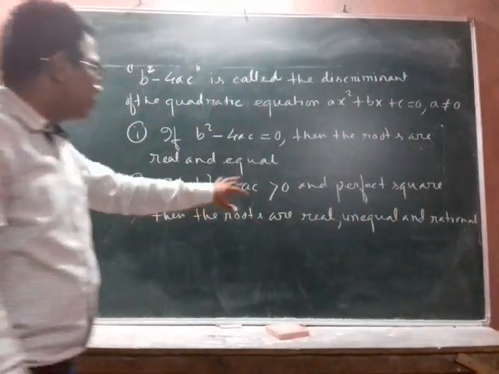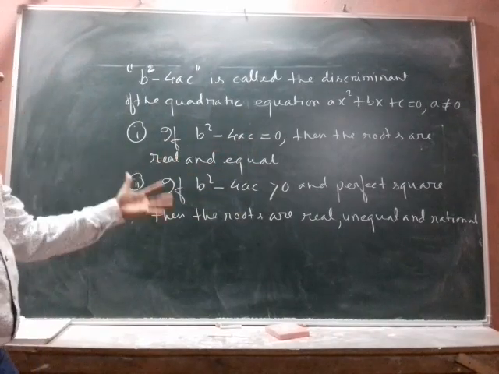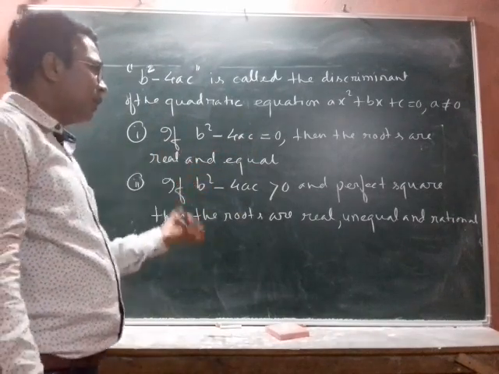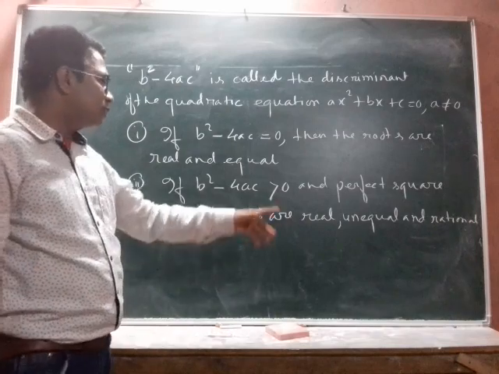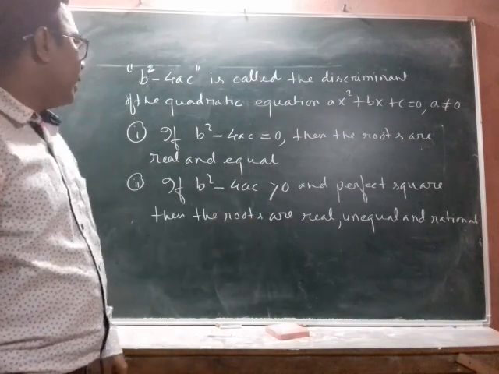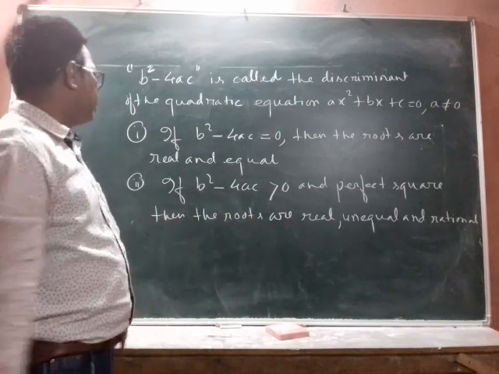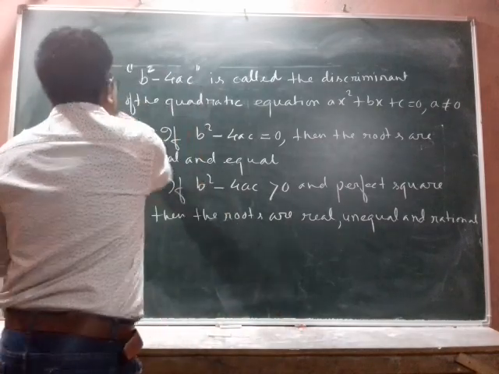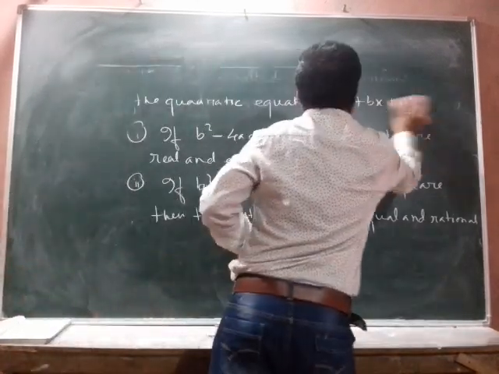We see that if b square minus 4ac is greater than 0 and that value is a perfect square like 4, 9, etc., then the roots are real, unequal and rational.